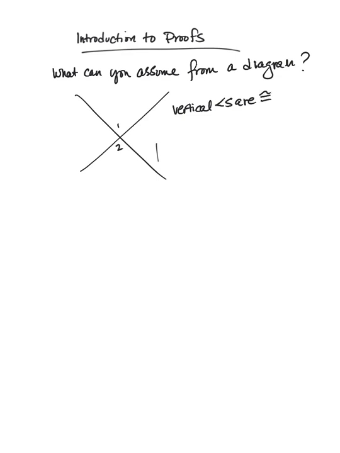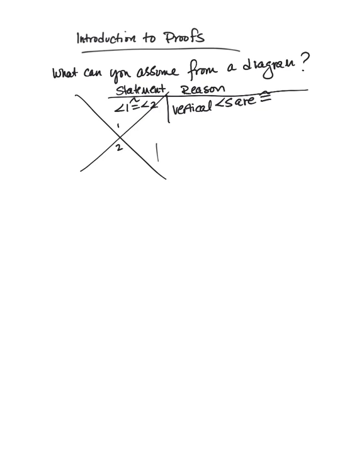We're going to be doing 2-column proofs, statements and reasons. So the statement would be angle 1 is congruent to angle 2, and then the reason would be vertical angles are congruent. So this is a statement, this is a reason.